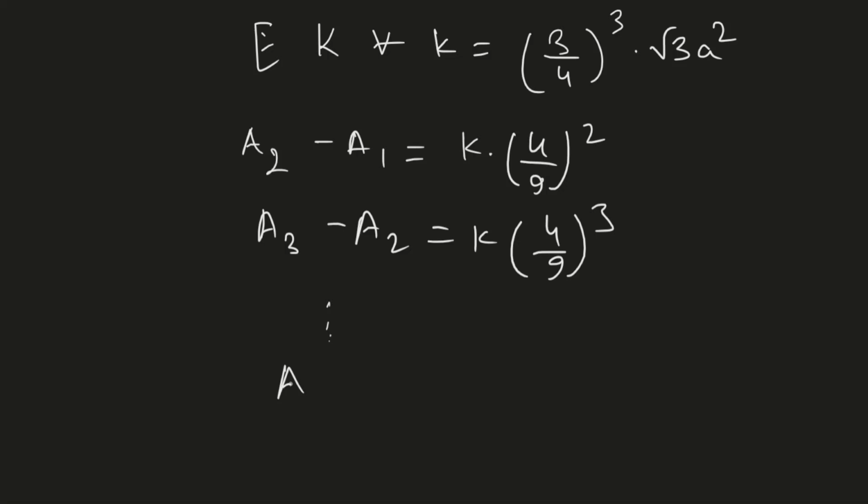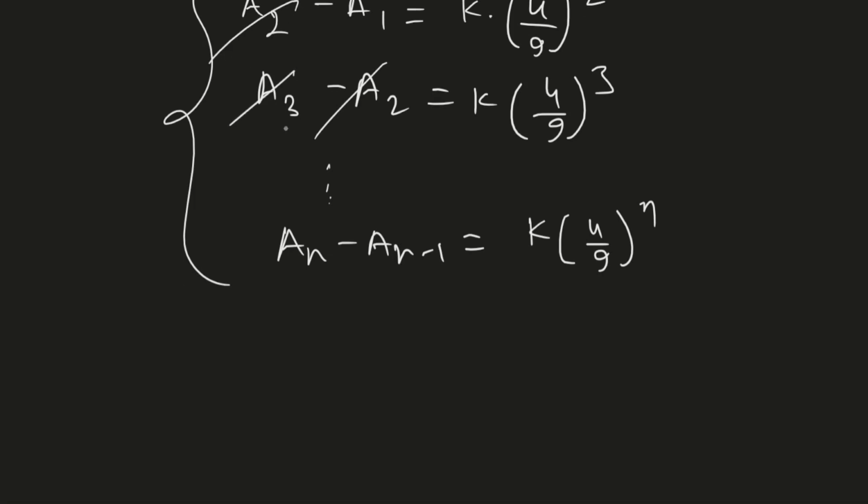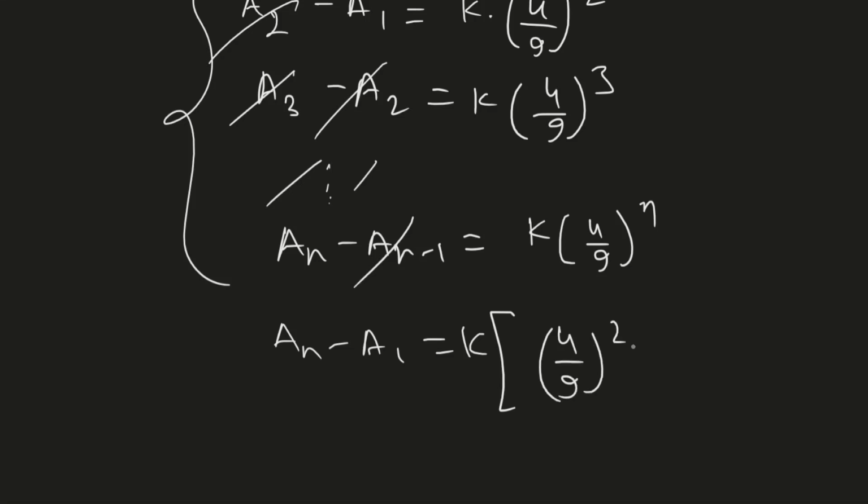And if I just go down, I will find that I have constructed a recursive relation, and if I add all these equations, I would cancel everything and I would be left with An minus A1, which is equal to this simple geometric series, right?